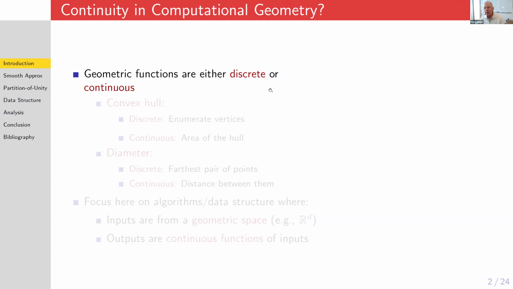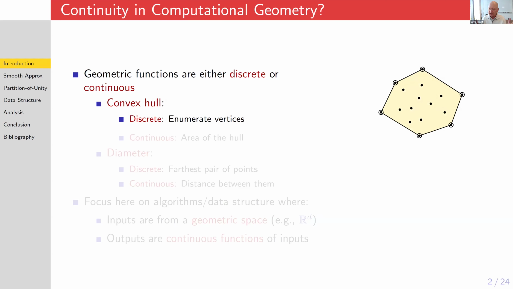So let me begin by mentioning the fact that in computational geometry, right, there is this kind of tension always between the discrete and the continuous. For example, if I give you a set of points, I can compute the set of vertices that constitute the convex hull of those points, or, in general, maybe the combinatorial description of the polytope.